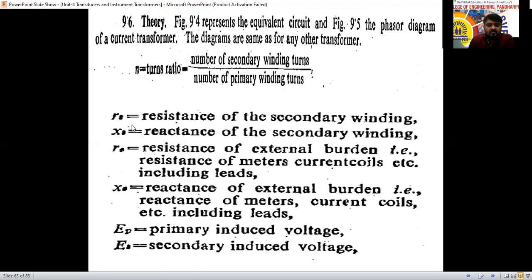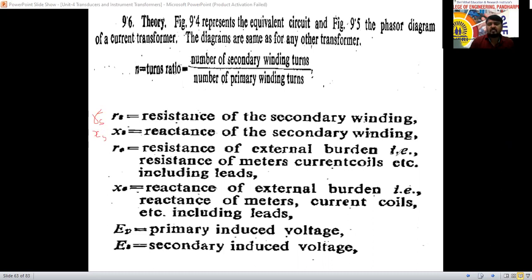RS is the resistance of the secondary winding. Both the primary winding and the secondary winding have their own resistances and reactances. S represents the secondary winding and P represents the primary winding. So RS is the resistance of the secondary winding, and XS is the reactance of the secondary winding.